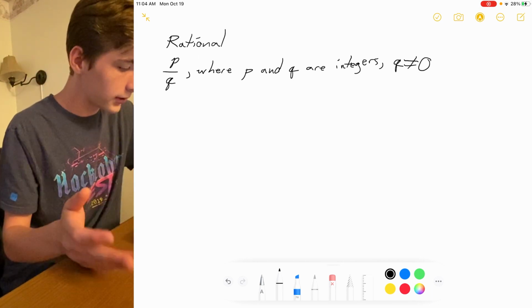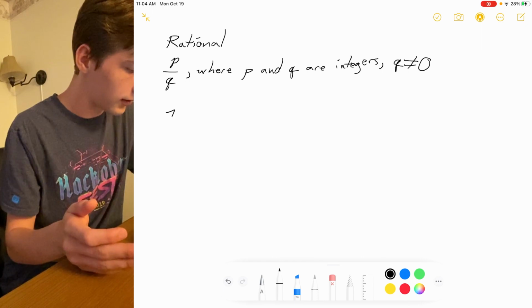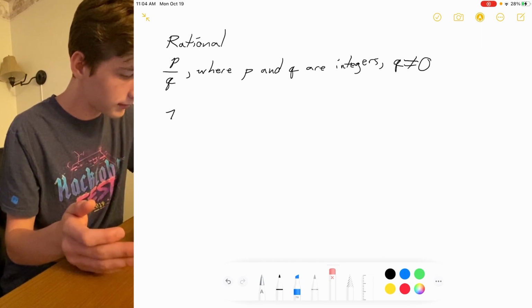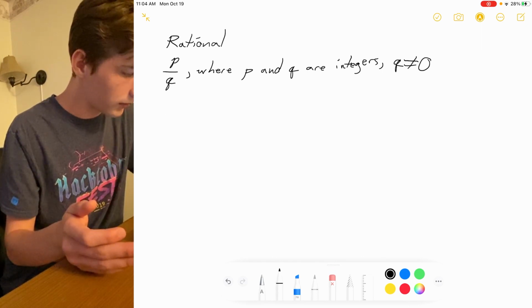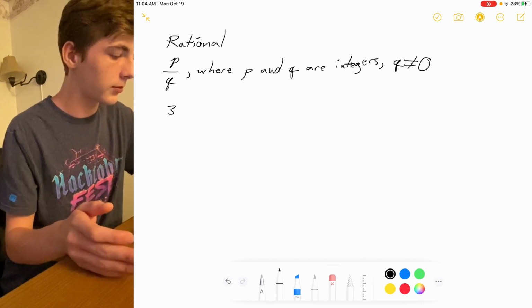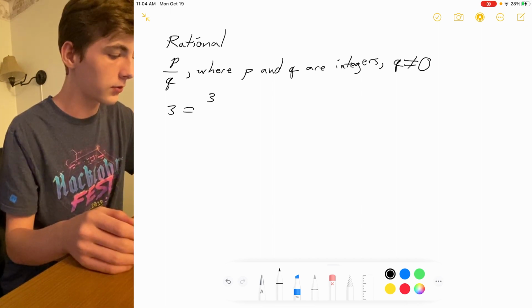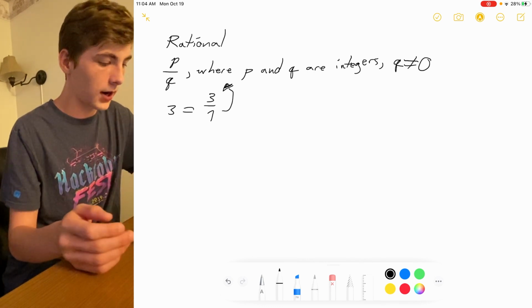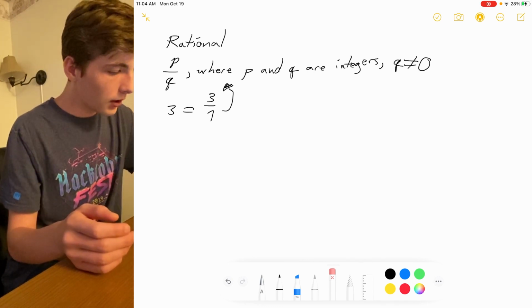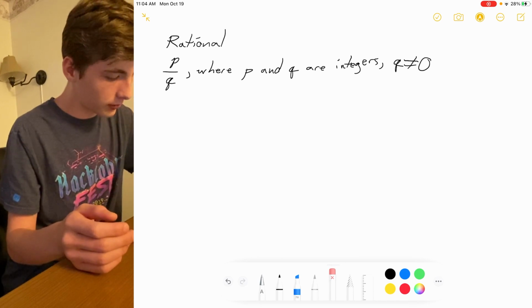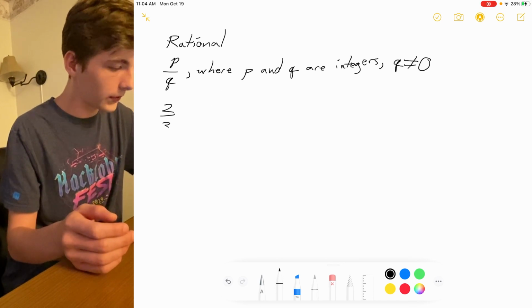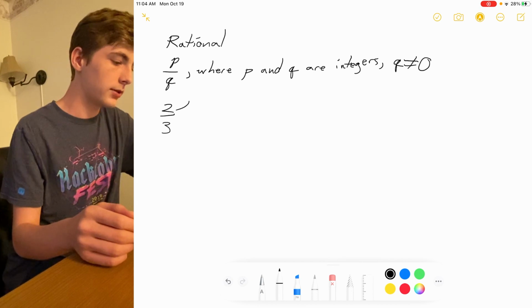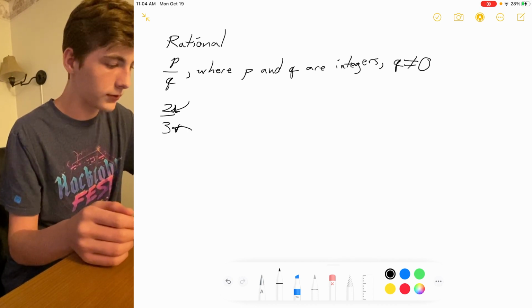And so first of all, let's realize that the integers are included in this. Because, and we talked about this in the fractions video, let's say we have the number 3, well, it can be written as 3 over 1. So that means it satisfies that, which means it's a rational number. But that also includes a number like 2/3, where P is an integer, Q is an integer, and neither of them are 0 in this case.